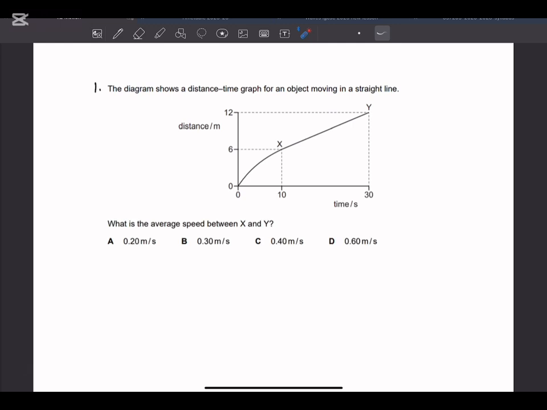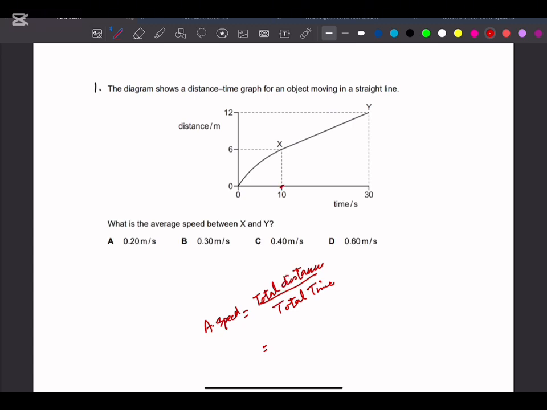As far as the average speed is concerned, you have a simple formula. Average speed is nothing but total distance divided by total time. So what is the total distance and what is the total time?